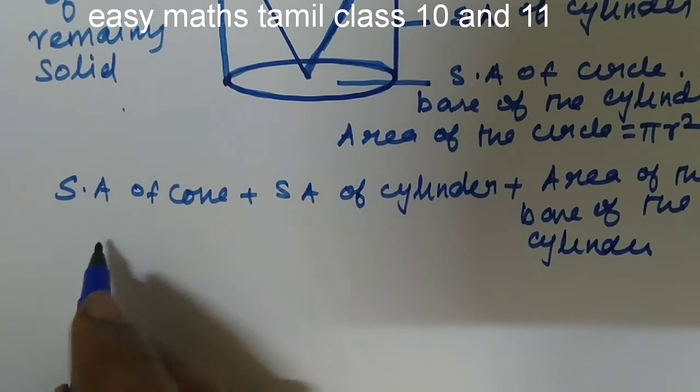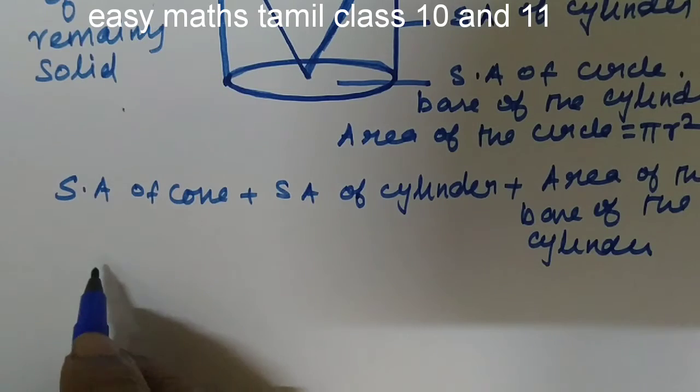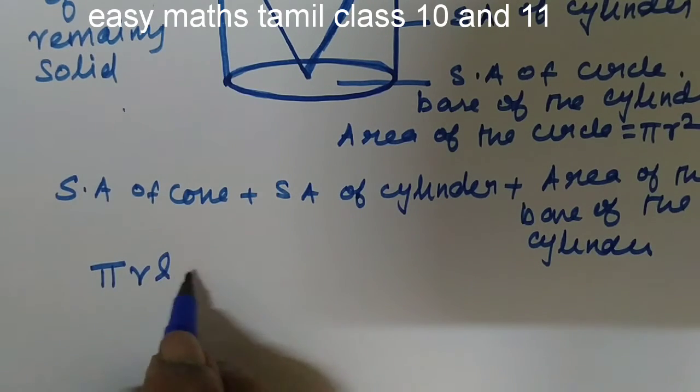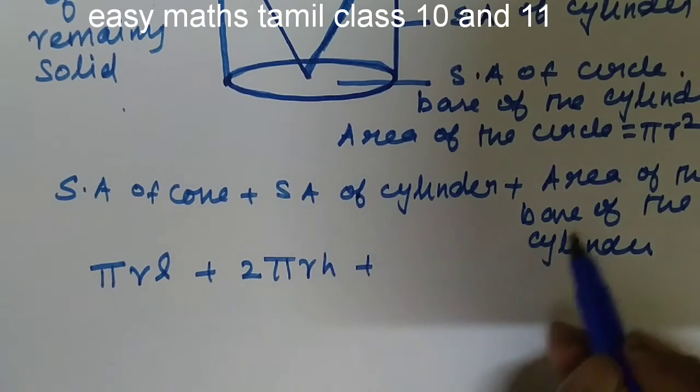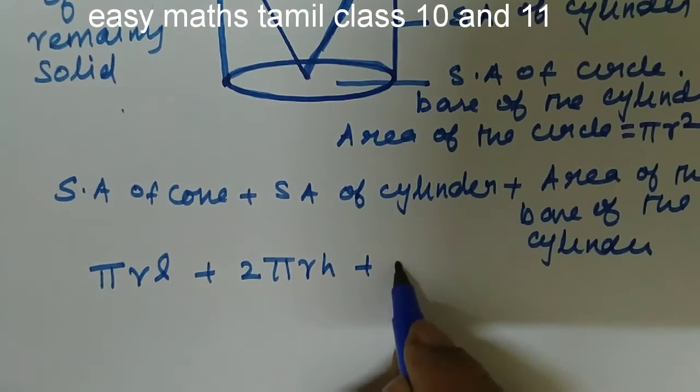Surface area of the cone is pi r L. Surface area of cylinder is 2 pi r h. Area of the base of the cylinder is pi r square.